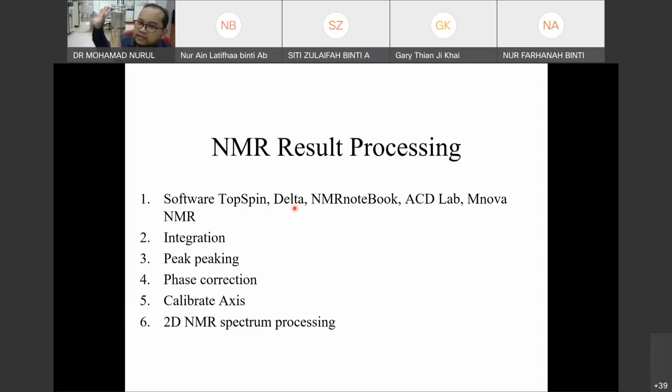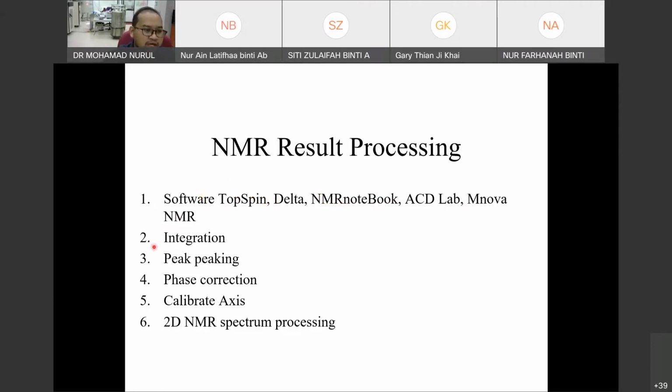But we are using Bruker here. It's better to have TopSpin, because if you install Delta, you cannot read the TopSpin data. There are also these 3, NMRium, ACD/Labs, and MestReNova. It's open source, which means any machine can read this NMR software. I strongly advise you to please install TopSpin.